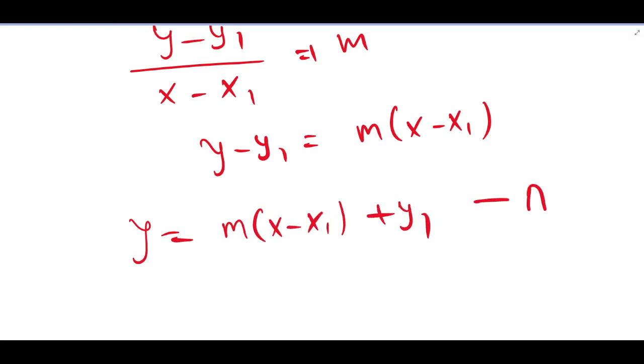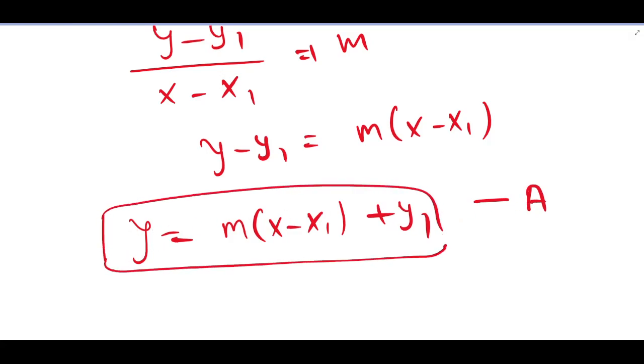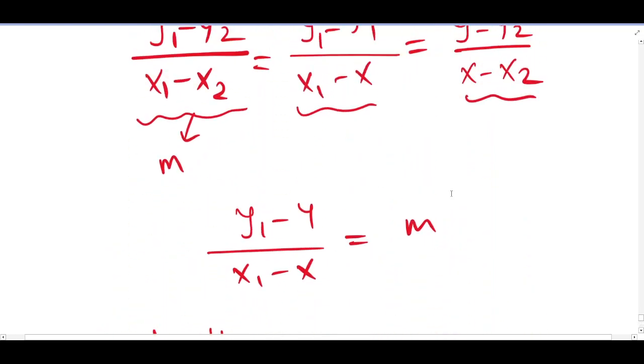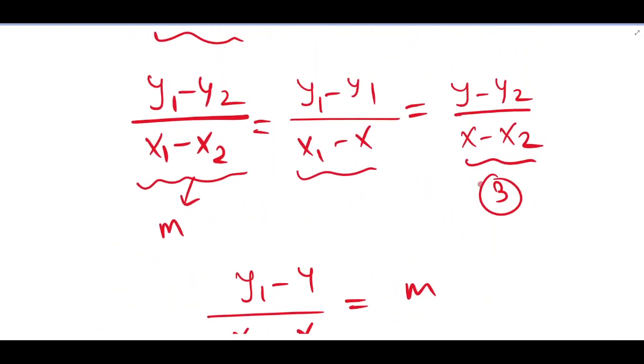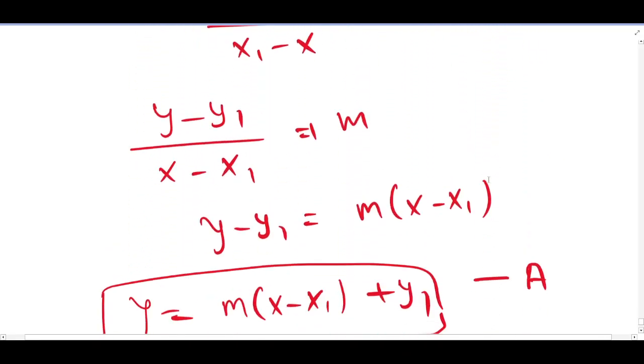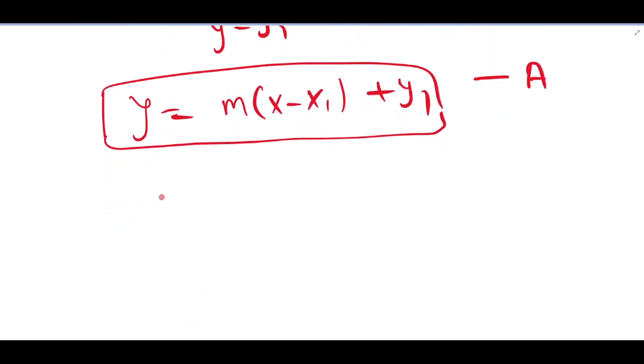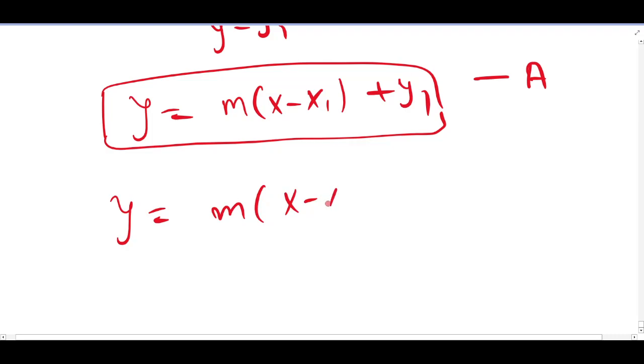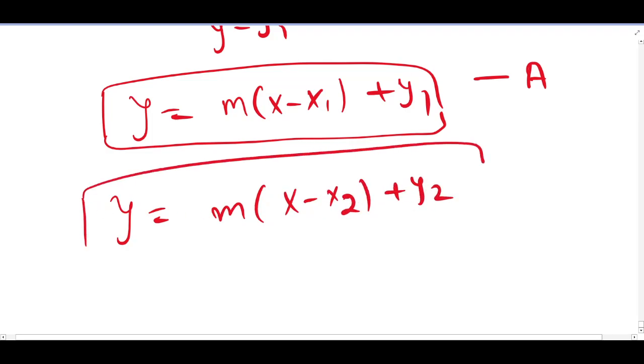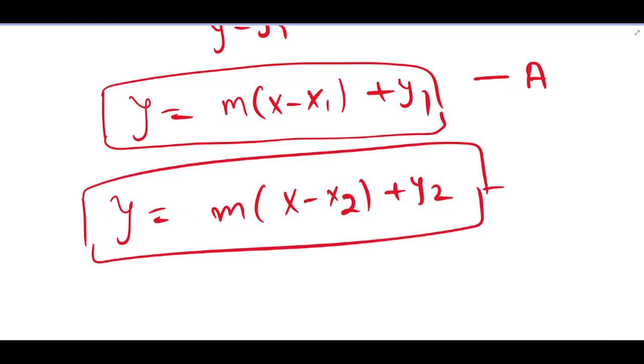So this is equation A, and if we take the third form, then y is equal to m(x minus x2) plus y2, which is equation B. But both these equations are the same.